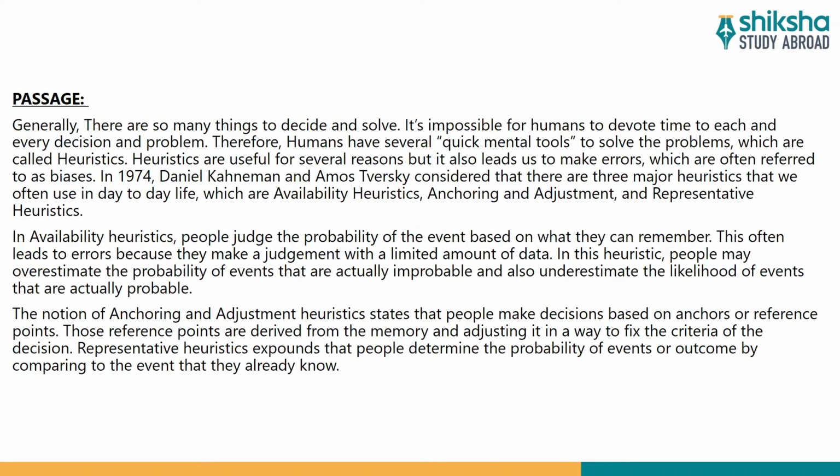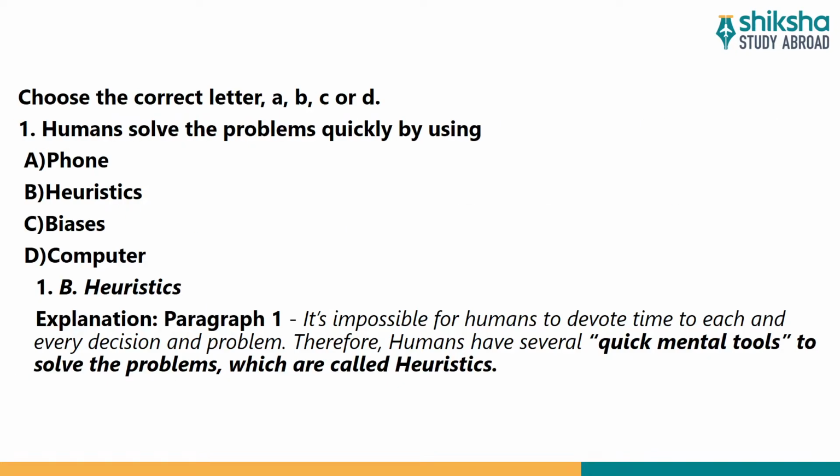So for example, this is a sample passage which I'm going to show you right now. We have three passages or three paragraphs, I would rather say, and this is the kind of MCQs question. For example, the question can be like choose the correct letter A, B, C or D. So we know that there are four options. By reading the instructions, we have got this. First is humans solve the problems quickly by using phone, heuristics, biases and computer.